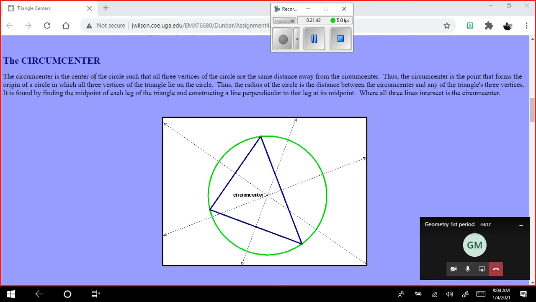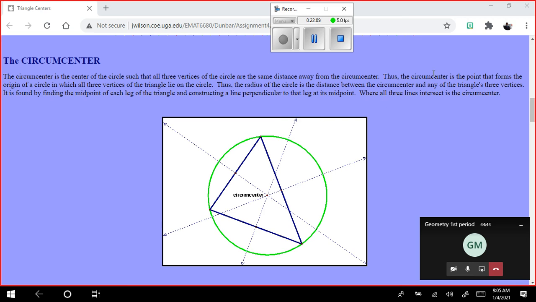Okay, the circumcenter is the center of a circle such that all the vertices are at the same distance from the circumcenter. The property of the circumcenter is that its distance from all three vertices is equal, and you can draw a circle using this as the center point.